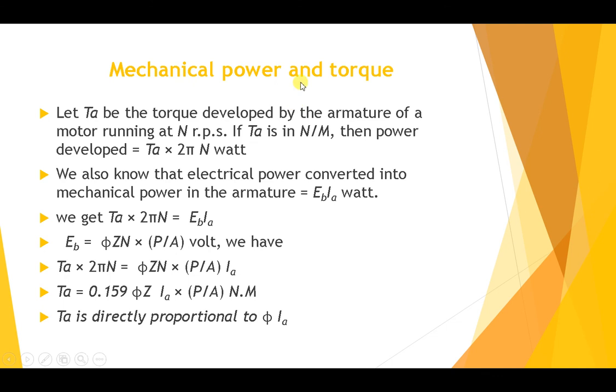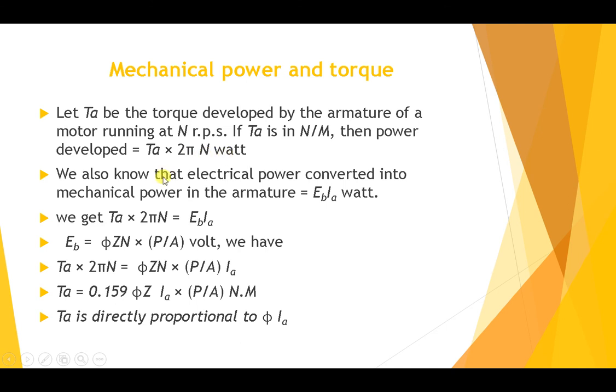Now mechanical power and torque in a machine. Let's suppose Ta be the torque developed by the armature of a motor running at n revolution per second. If Ta is in Newton meter, then the power developed is equal to Ta multiplied by 2 pi n watt.